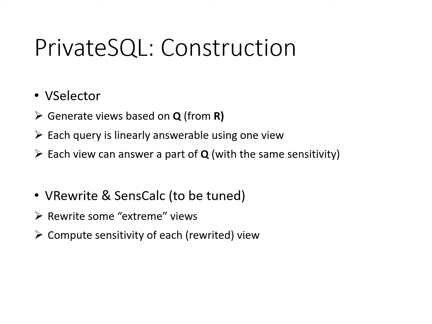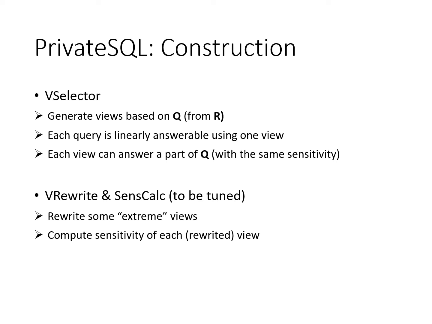And each view can answer a part of the workload where the queries have the same sensitivity. The view rewrite and the sensitivity calculator modules are the core of PrivateSQL, which I will introduce in the next few slides.